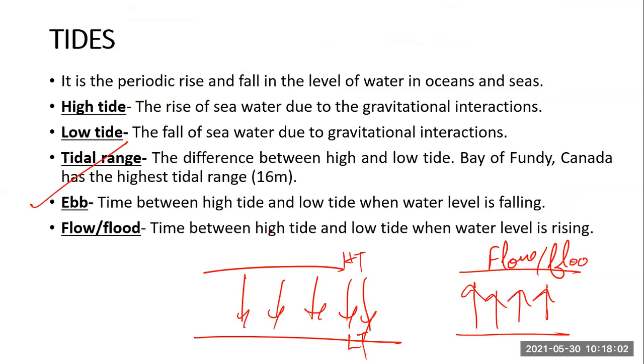So first one is called as ebb, in which the water level is falling from the high tide to low tide condition. And the second one is what we call as flow or flood, in which the water level is constantly rising.